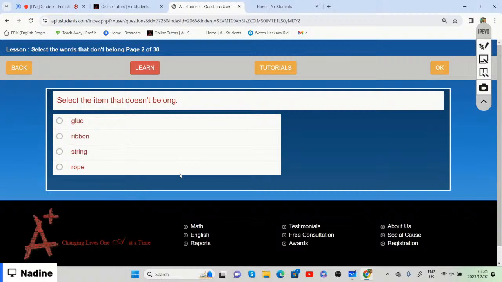We need to select the item that does not belong to those related words.